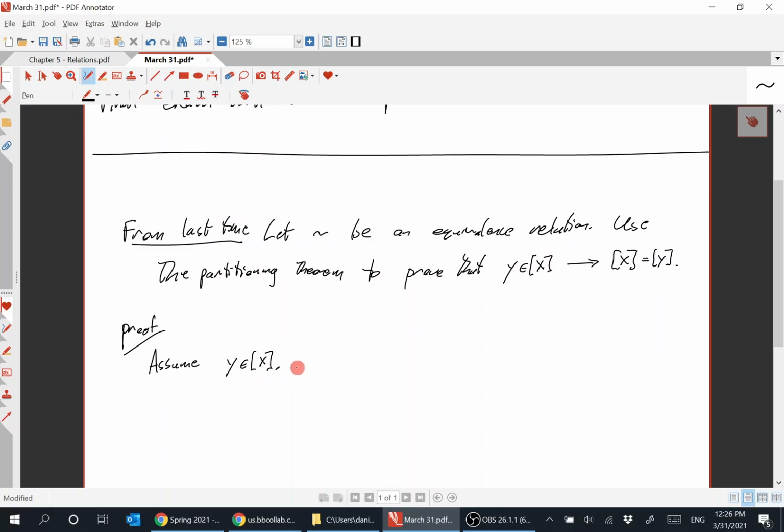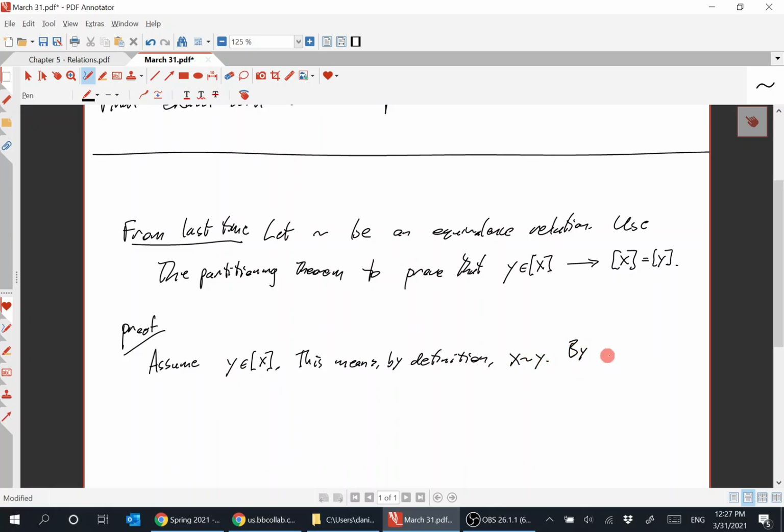Right. So by definition, what does that mean, that y is in the equivalence class of x? It just means what? X is related to y, right?